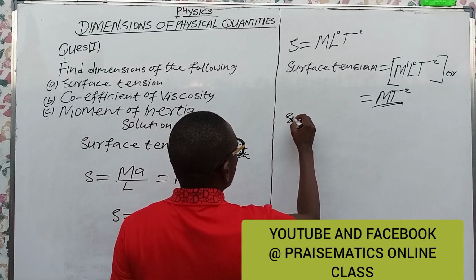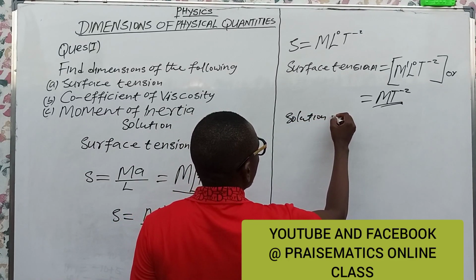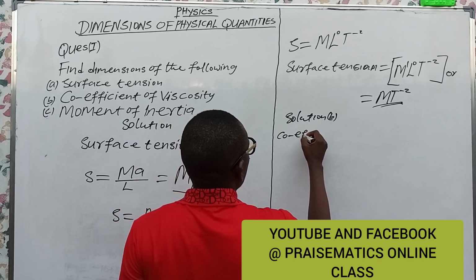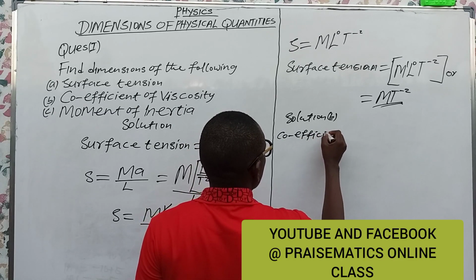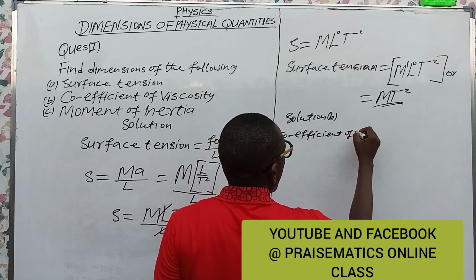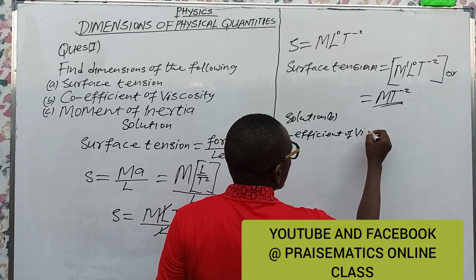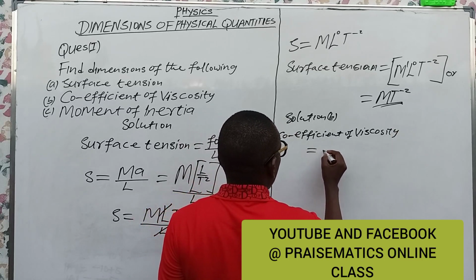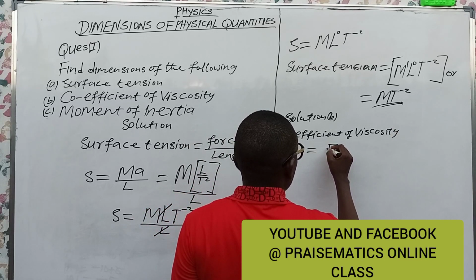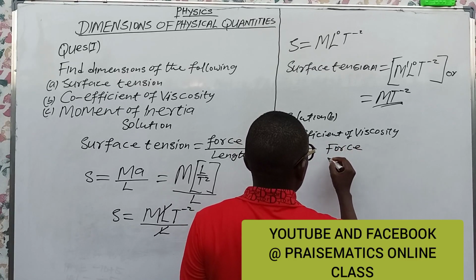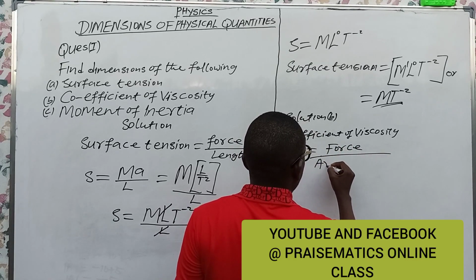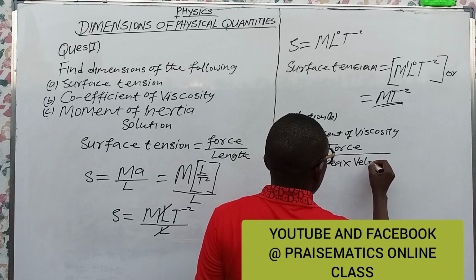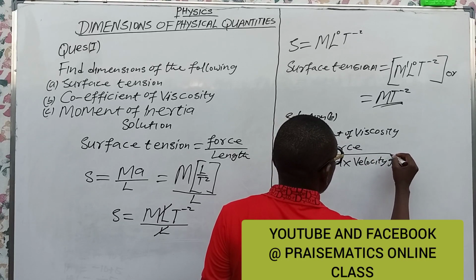Okay, let's look at solution B. We have the coefficient of viscosity, which is defined as force over area multiplied by velocity gradient.